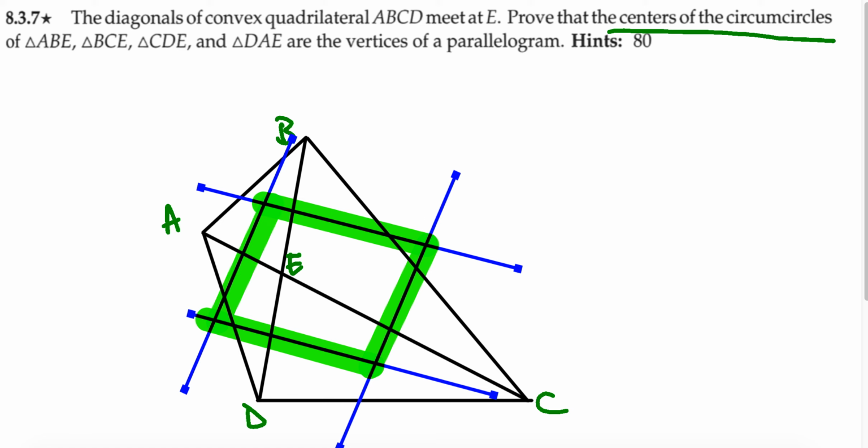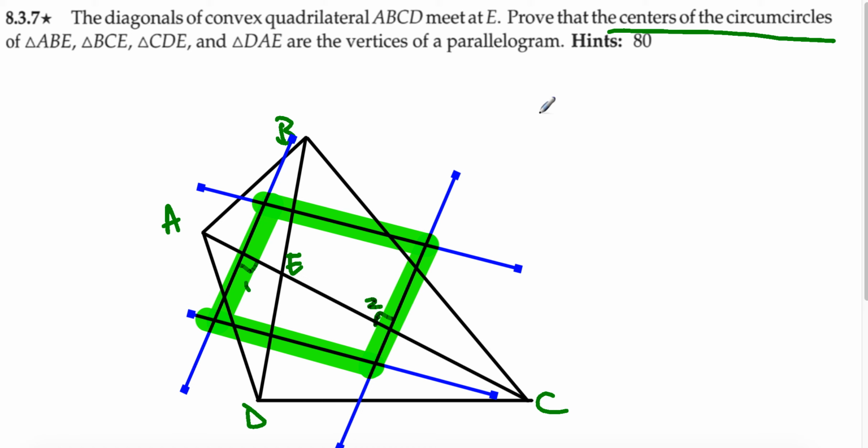So first, what we can do is this: we can see that the blue lines must be perpendicular bisectors. So then here, this can be my right angle, perpendicular makes a right angle, and here can be a right angle as well. Then you can see that angle 1 and angle 2 are congruent by alternate interior angles.